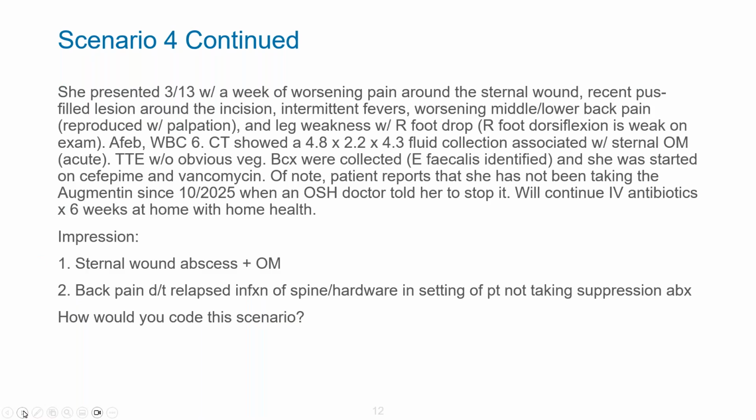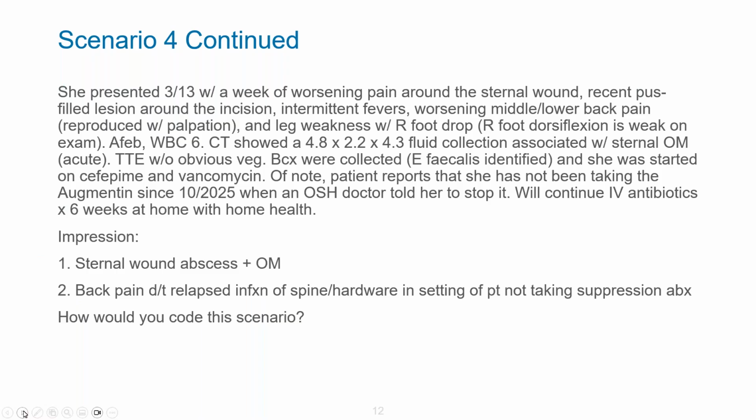She was afebrile, white count of 6, CT showed a 4.8 by 2.2 by 4.3 fluid collection associated with sternal osteomyelitis, which is acute. The TTE showed no obvious vegetation of the valves. Blood cultures were collected. We still got that E. faecalis identified, and she was started on cefepime and vancomycin.